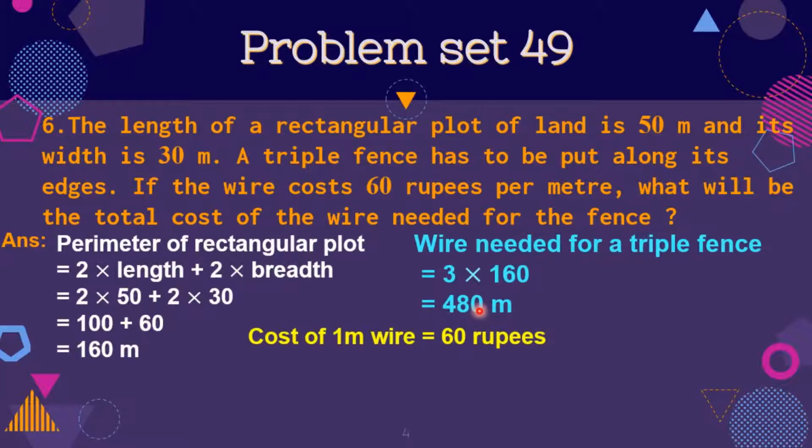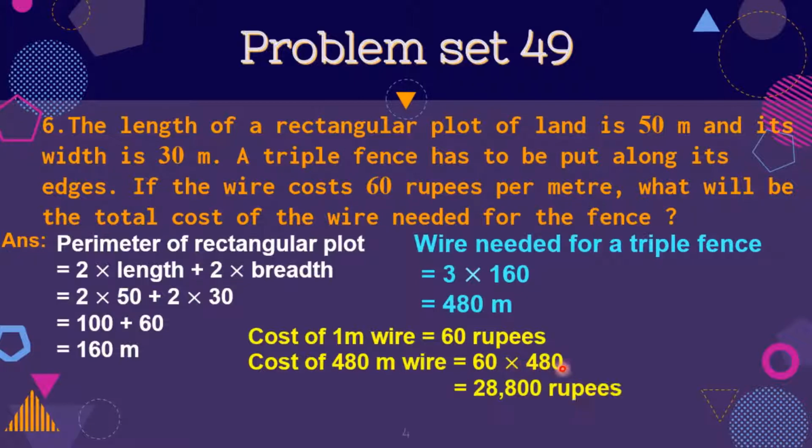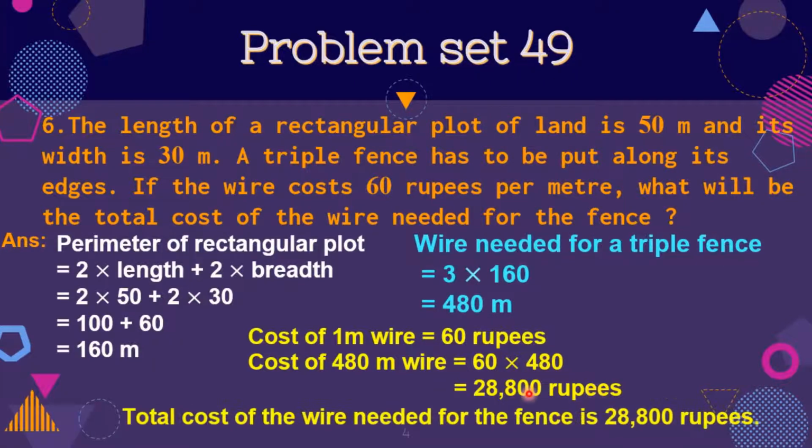So the cost of 480 meter wire is equal to 60 into 480, which is equal to 28,800 rupees. So here we get the total cost of the wire needed for the fence is 28,800 rupees.